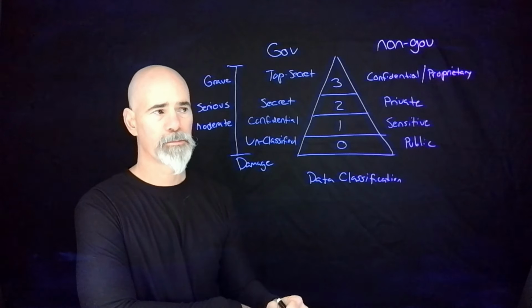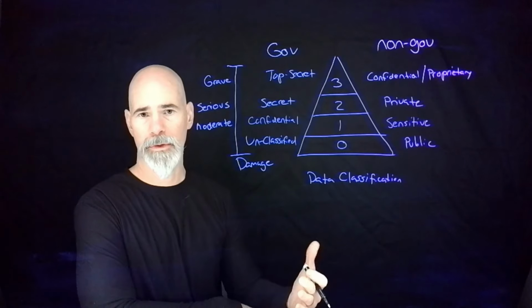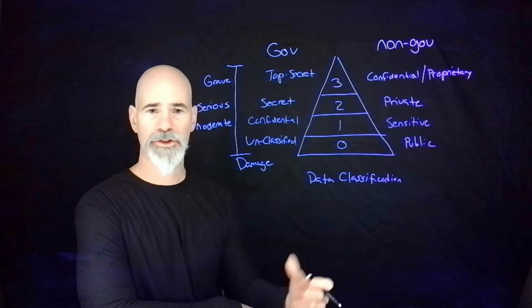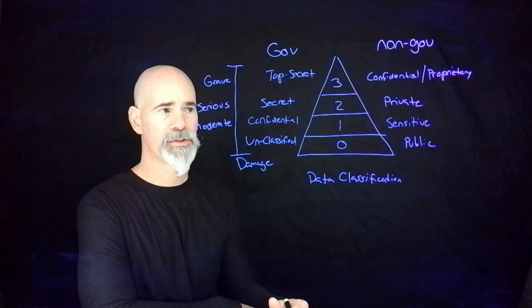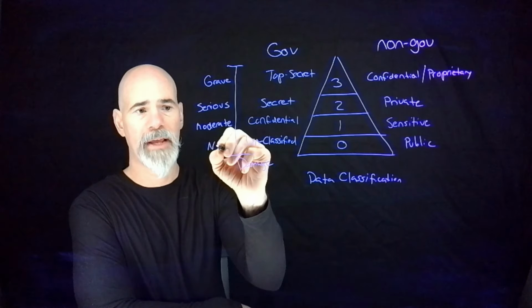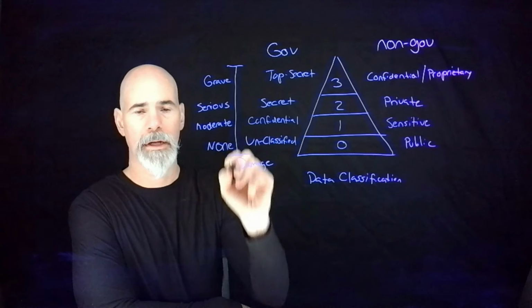From a non-government perspective, maybe it's particular information that is internal but not going to create any kind of significant hardship to the organization. And then of course with unclassified or public information, the damage should be none, preferably.